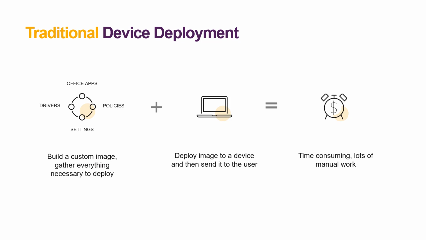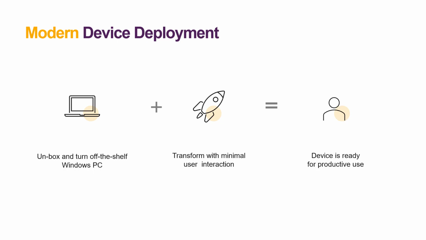Now, the technologies we'll be focusing on today will help you understand how modern device deployment works. In essence, which is what we're going to discuss in more detail in the webinar today, when the device gets shipped to the user, it's pre-configured with the corporate policies and configurations without IT being involved.